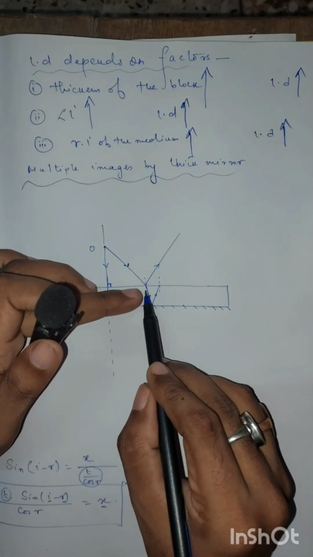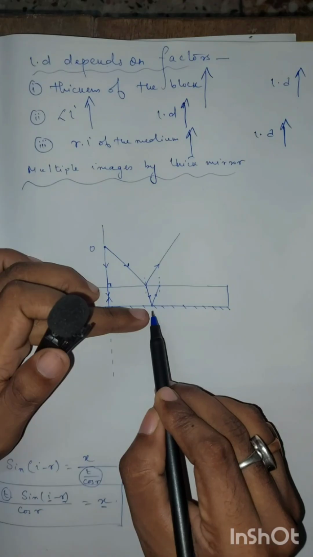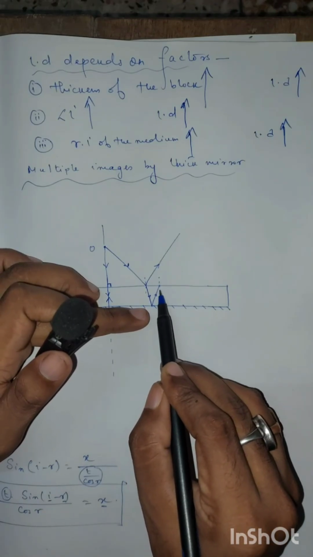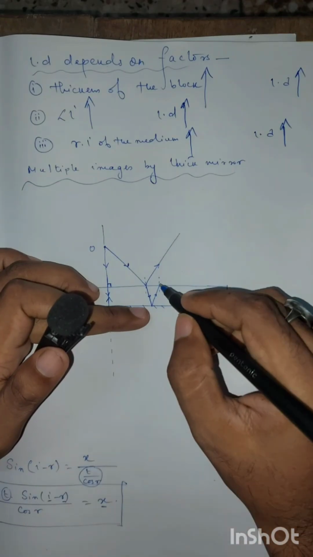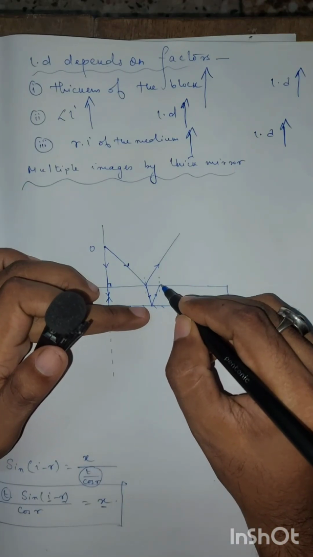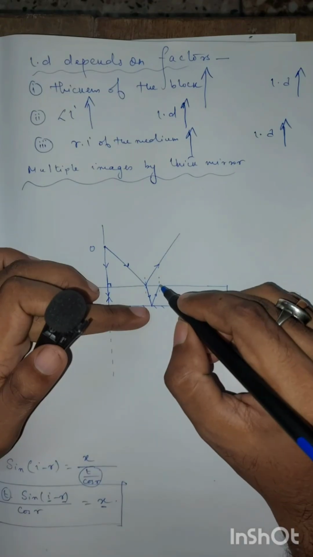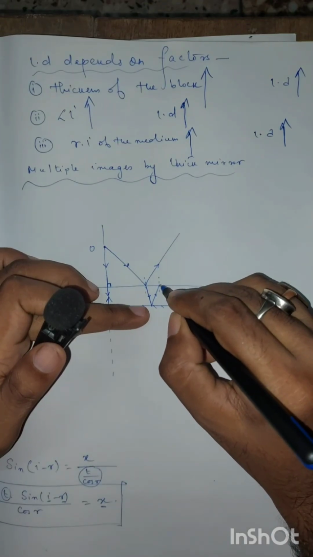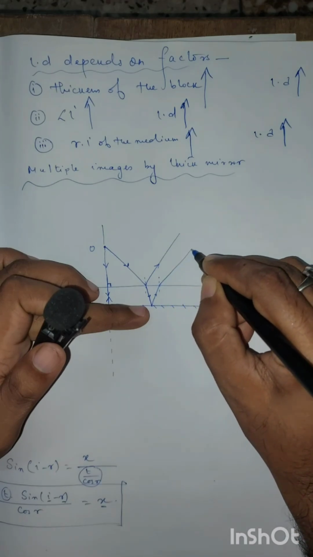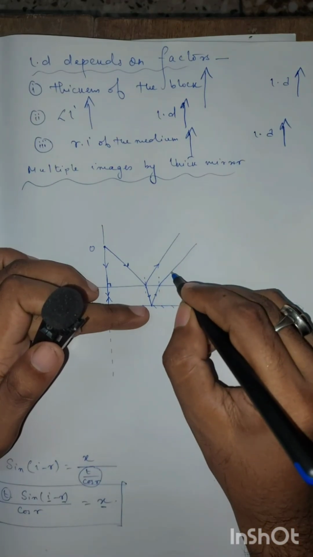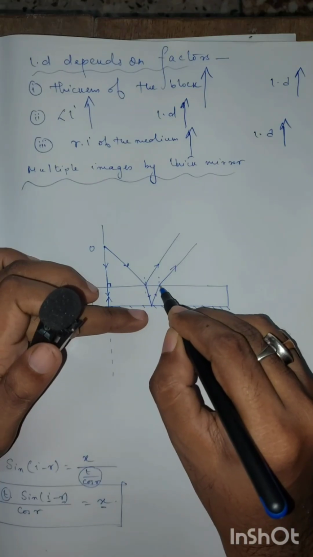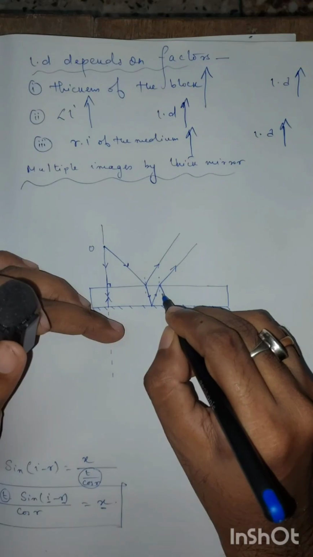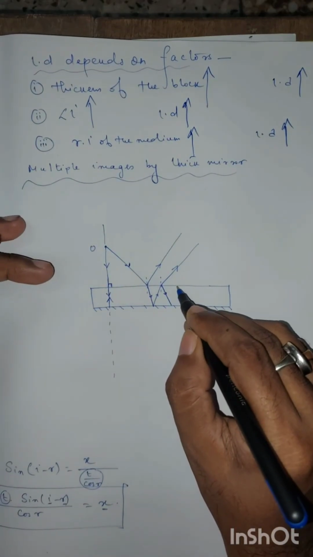Again, the refracted ray strikes the second surface and gets reflected back. And when it hits the first surface, a part of it gets refracted and the other part gets reflected. So the process continues.